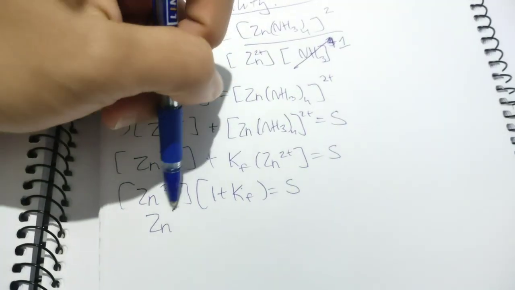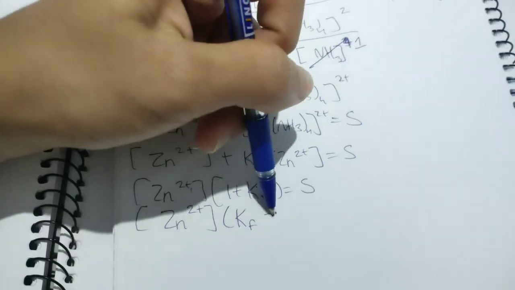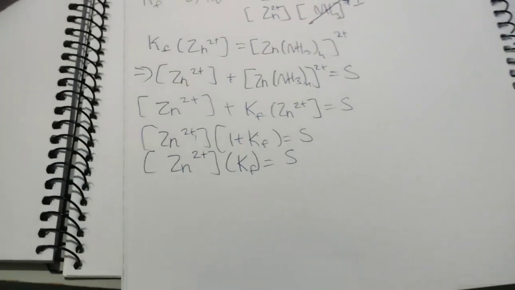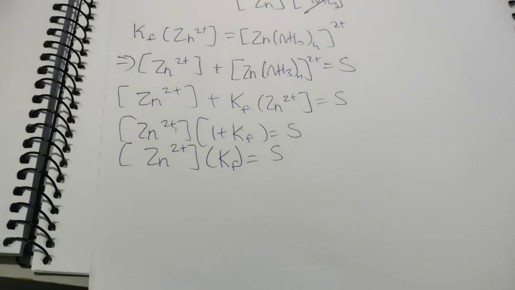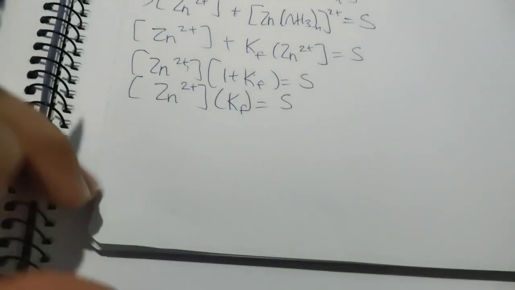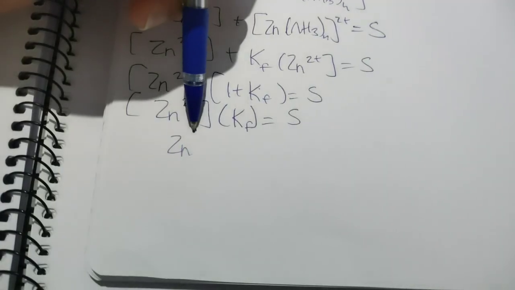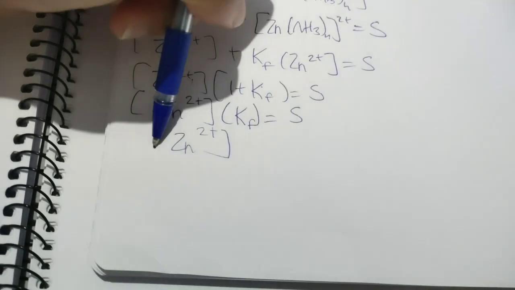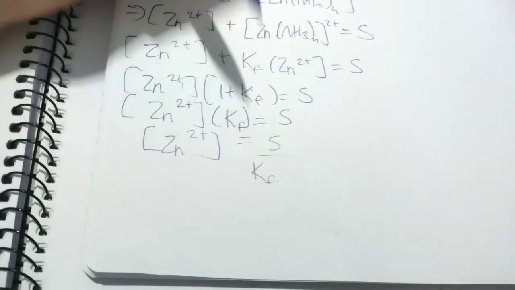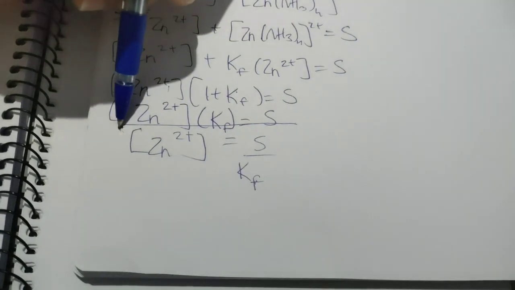So might as well write it as Zn2+ times Kf equals S. This is one of our important relations. Further, Zn2+ concentration is equal to S upon Kf.